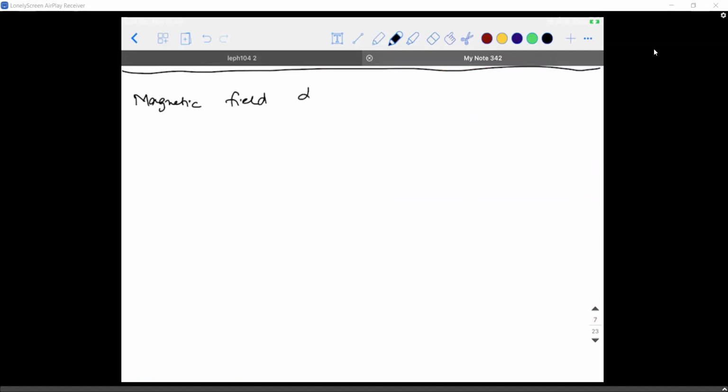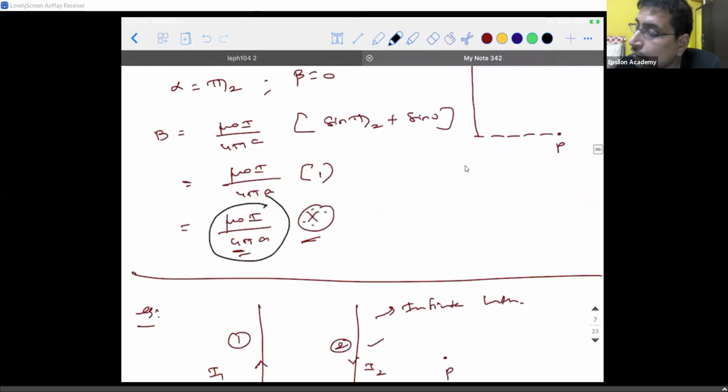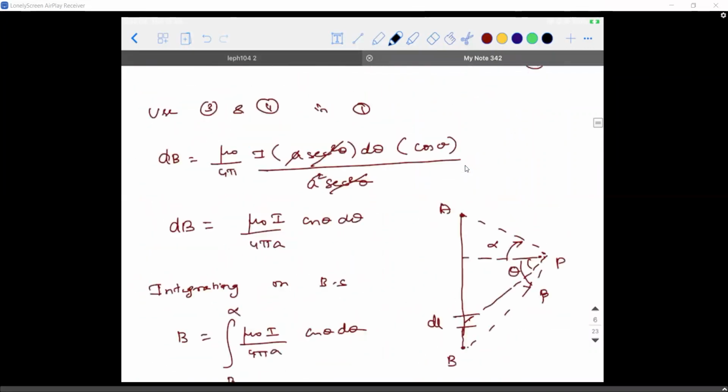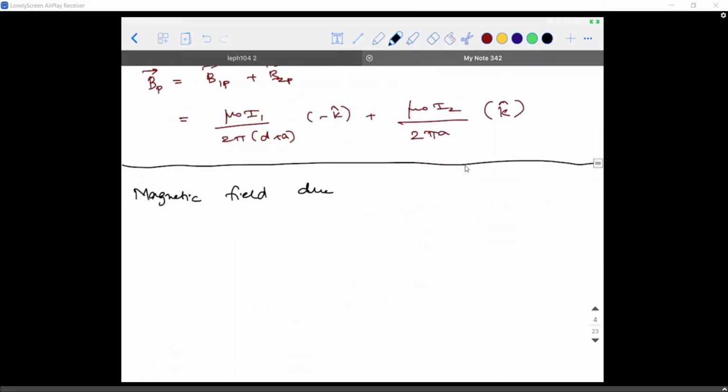Sir, last class you gave 2 sums as homework, and you said we'll discuss it today. What problems did I ask you to do? Sir, you drew a rectangle and named a point inside the rectangle as P, and you asked to find BP, the magnetic field inside that point.